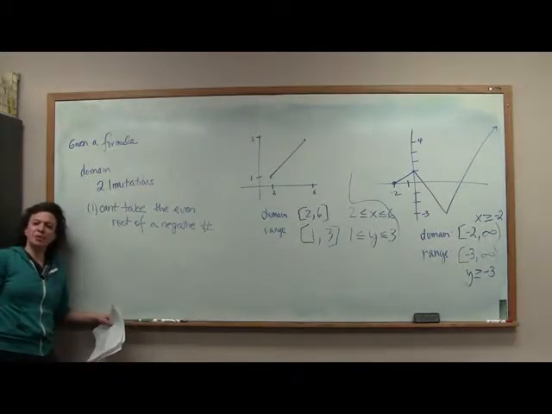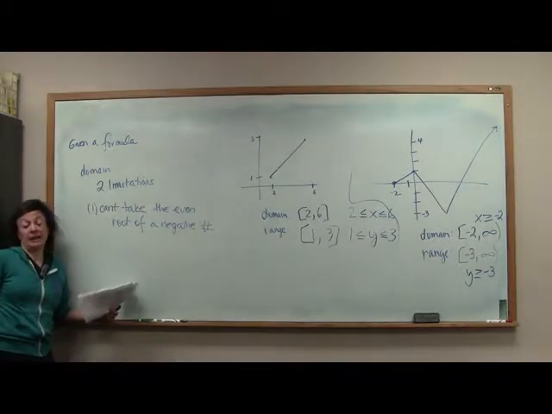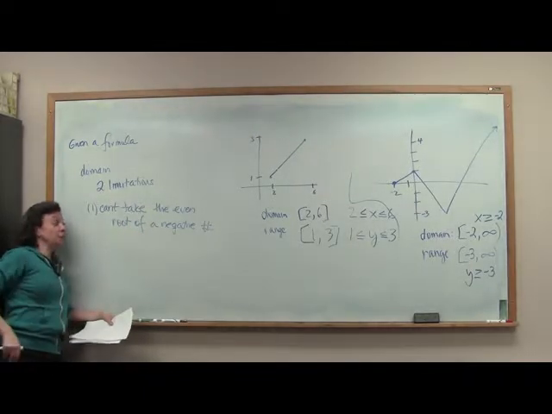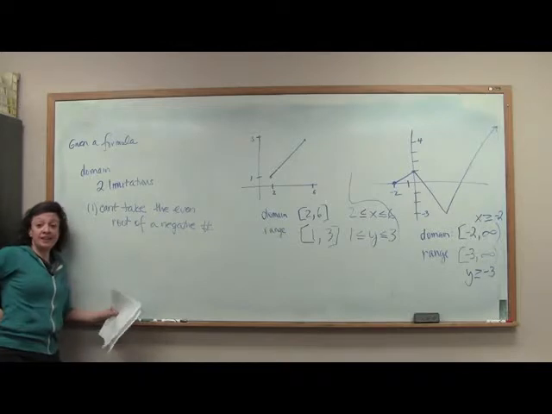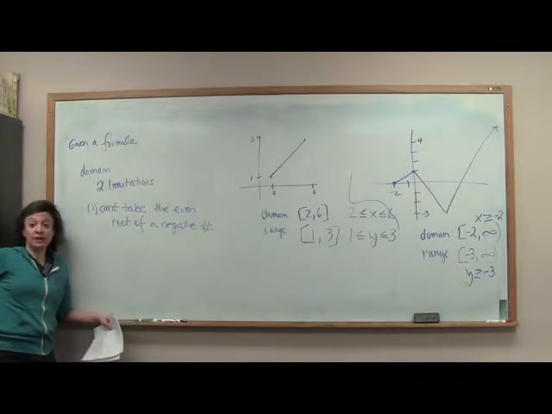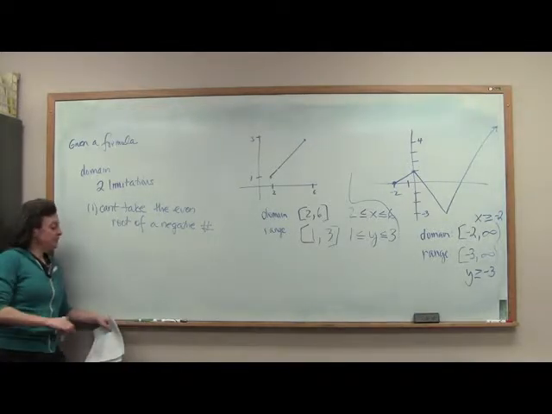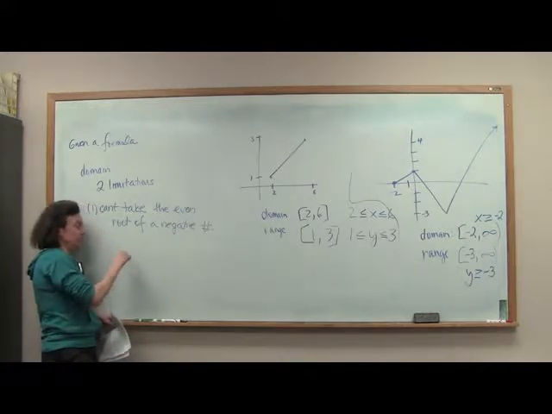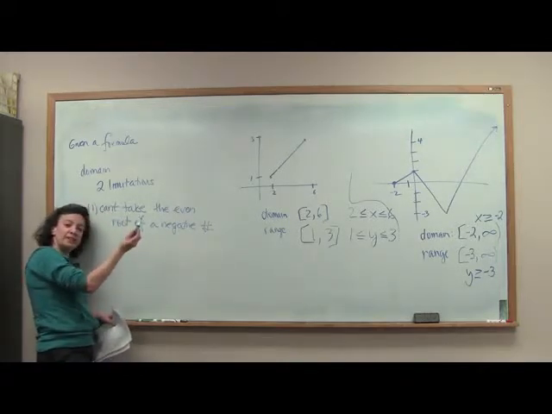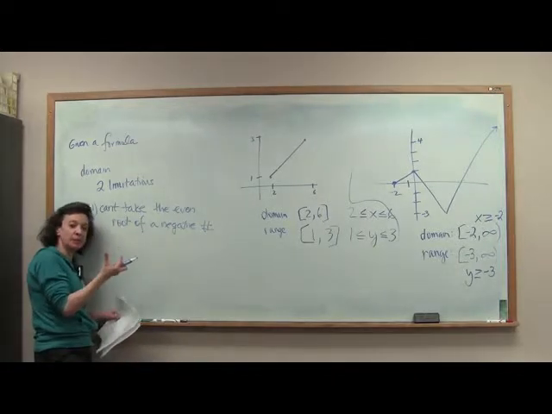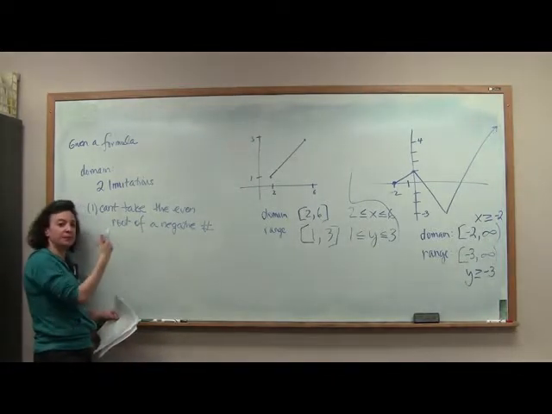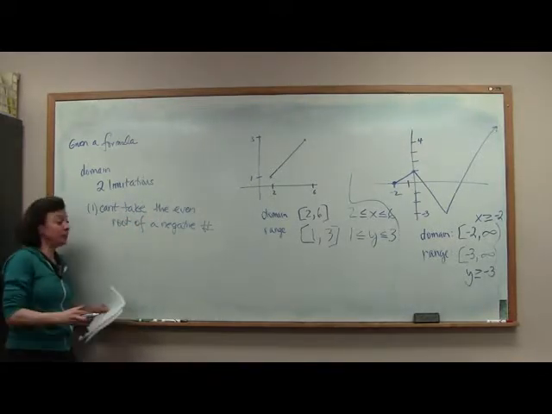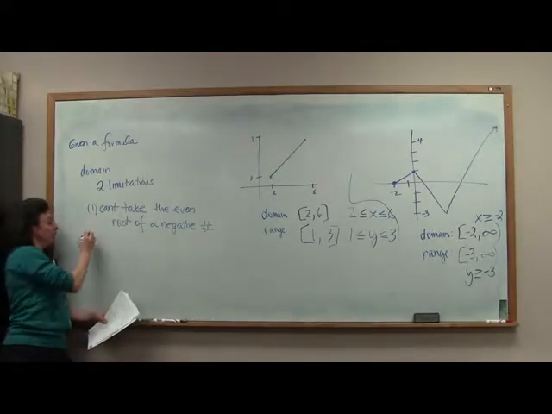In particular, we deal with square roots more than any other root, but for any even root, you cannot have a negative number underneath that radical. Why? Because if you take any number, positive or negative, and raise it to an even power, it's always going to be a positive number. We can take the cube root of a negative number, but not an even root.